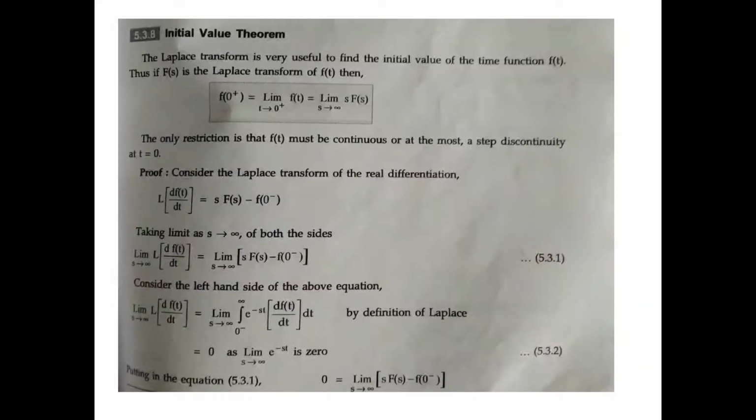Consider the Laplace transform of the real differentiation: L{df(t)/dt} equals s F(s) minus f(0). Taking the limit as s tends to infinity on both sides, consider the left hand side: the limit of the integral from 0 to infinity of e^(-st) df/dt dt. As s tends to infinity, e^(-st) equals 0, so the left side is 0.